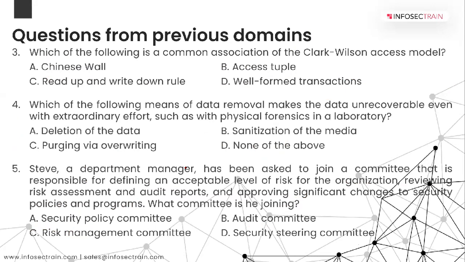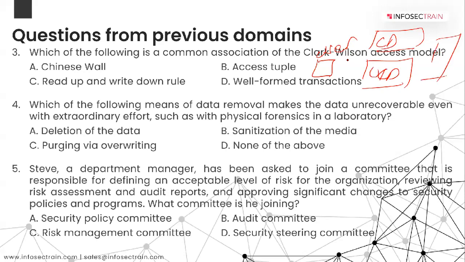So if you remember in the Clark-Wilson model, here is your user, the subject. A few answers are correct. Here is your constrained data, your unconstrained data, and here is your transformation process, TP, and here is your object, which the user is trying to access.